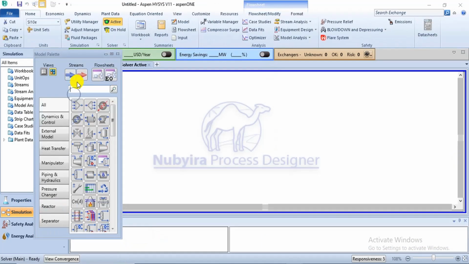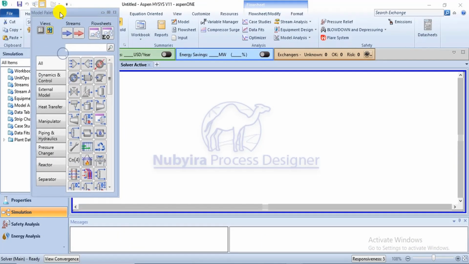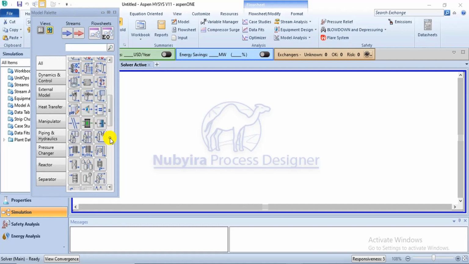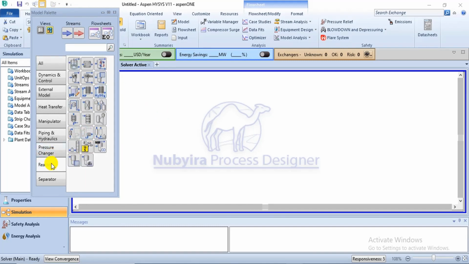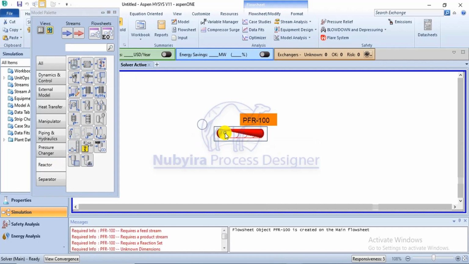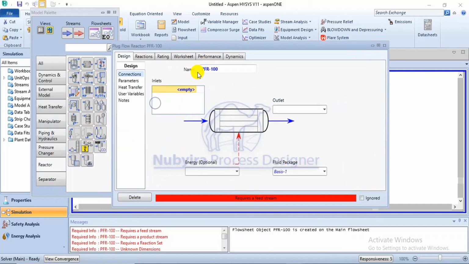Now in the simulation environment, we are going to be making use of a plug flow reactor, which can be found in the reactor section of the palette, right? So we're specifying our feed, and then our product.